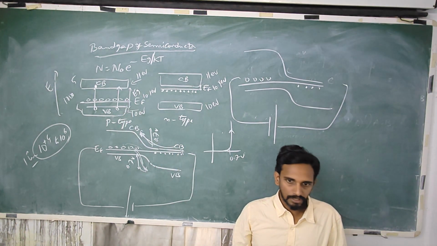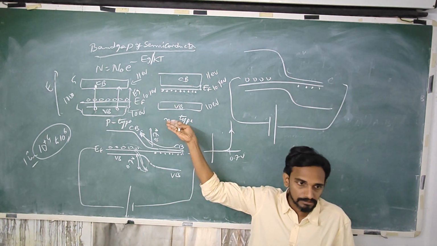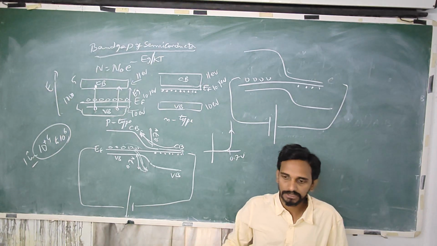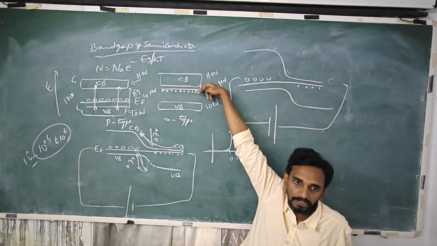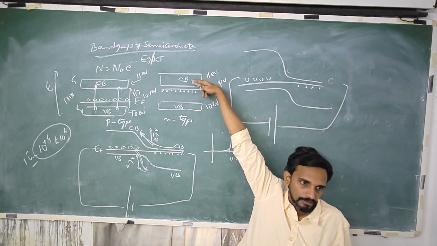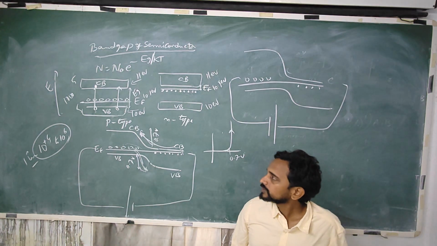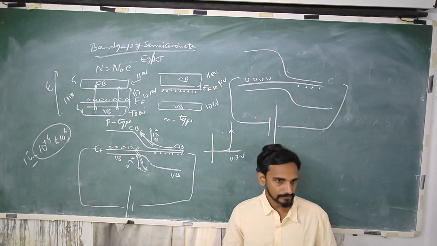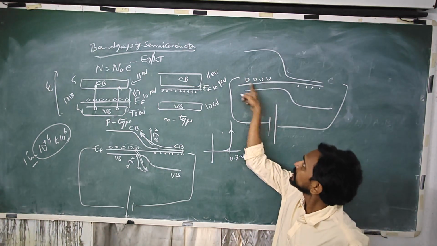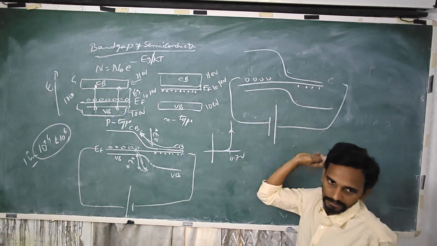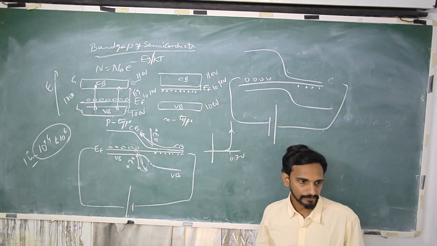So if you measure the energetics during forward bias, all the information that you get is only the gap between the donor level and the conduction band. Okay, so if you reverse bias it, all the dopant carriers will simply come out. They won't give any contribution to the current.